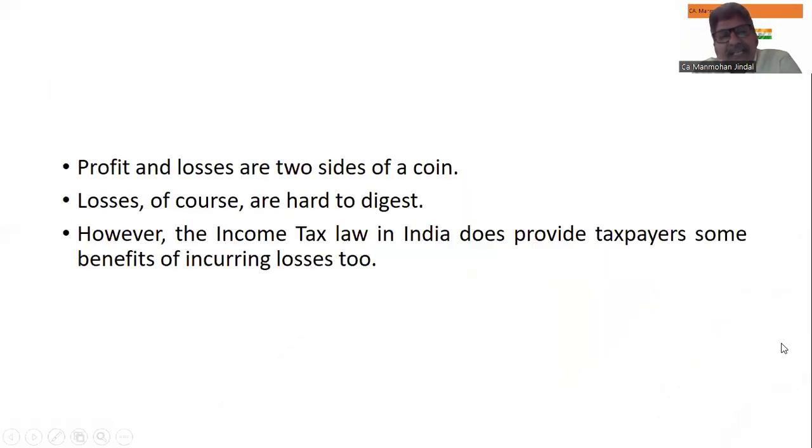So every business has profit and loss. It's obvious. Some businesses carry profits, some go to losses also, which is definitely a bad situation for the business. However, income tax provides some relief, some benefits to the loss-making business also.